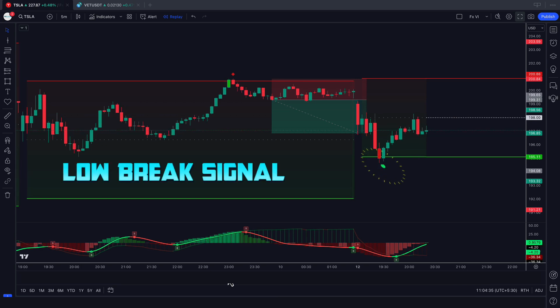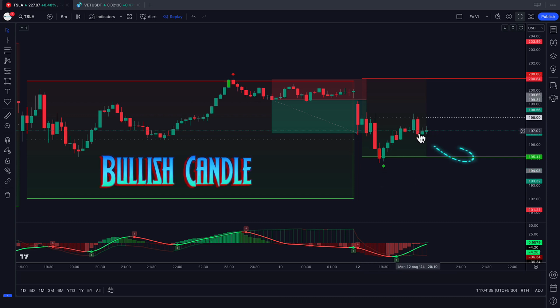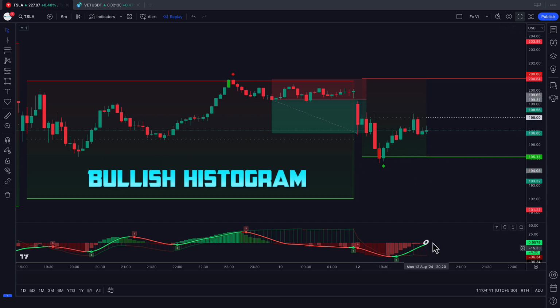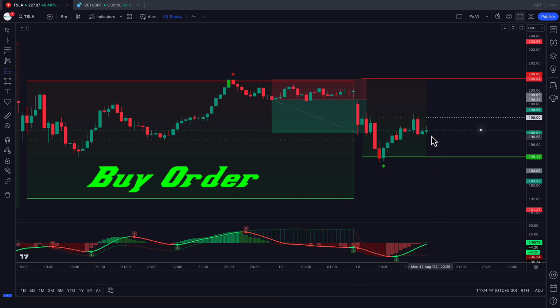The market breaks the low of the daily high and low indicator and gives a signal. The market has made a bullish candle to give confirmation, and the trend histo bars of the Extender BT indicator is a bullish histogram. All these conditions are met, so we will place a buy order.